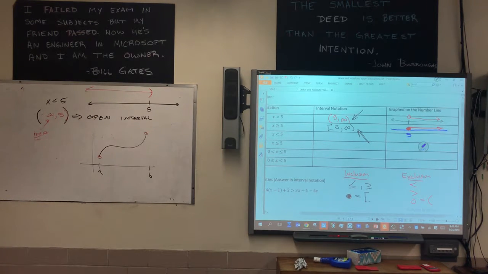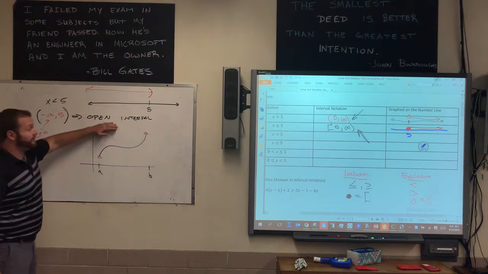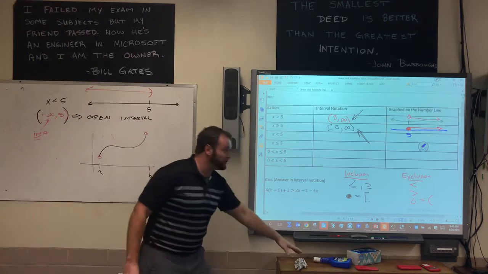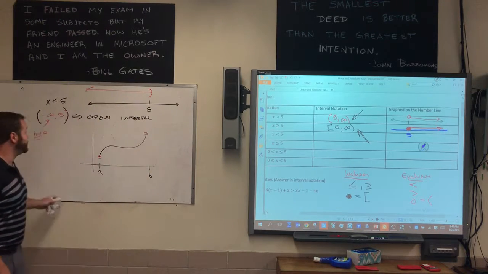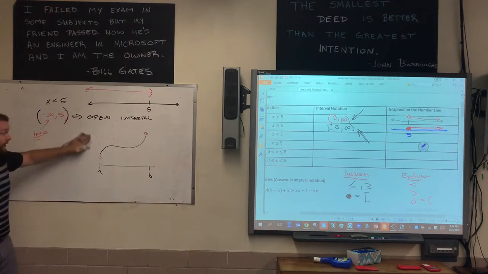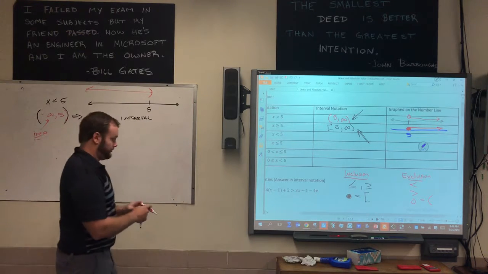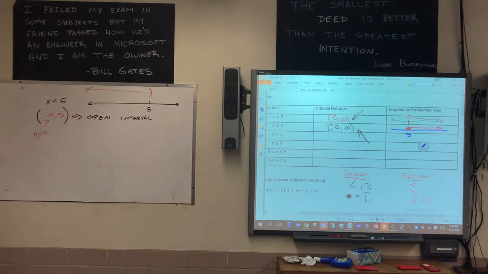You can use both A and B. So open interval brings in the idea of exclusion. We're excluding the endpoints. Closed interval is inclusive. We're going to include the endpoints, and that's two extra values that we're allowed to use in whatever property is being presented to us.